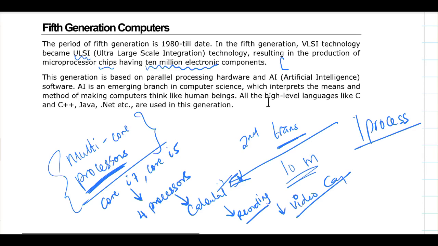So having said that, this generation is based on parallel processing, which I have described, and artificial intelligence. Again, I mentioned that there is some level of intelligence that computers have today, and that is classified as artificial intelligence, whereby you train a computer to do some things.